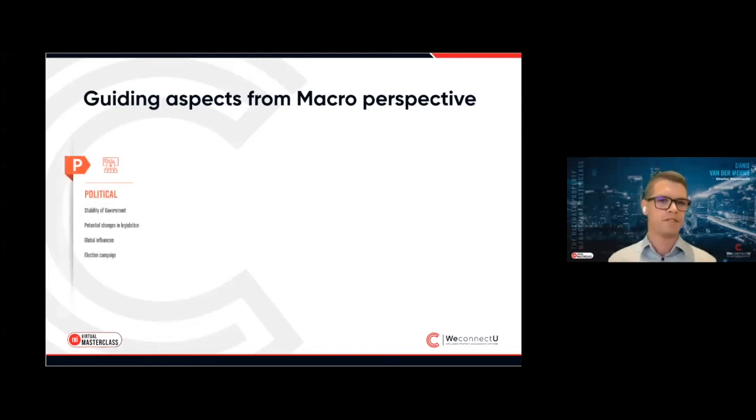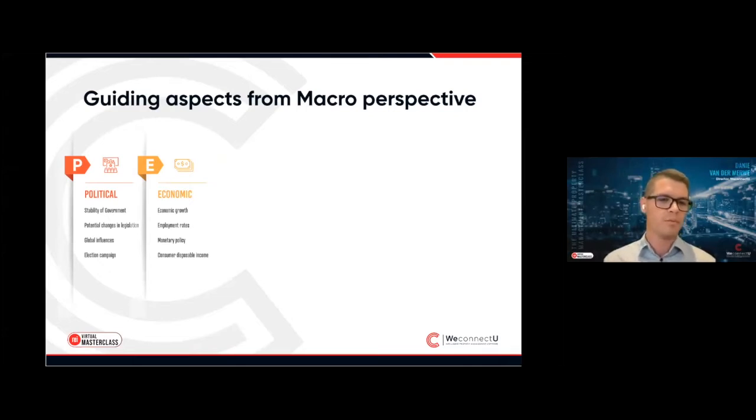As we said, the first factor that we're looking at is political. So how stable is our government, and what are the global political influences that we can expect? Secondly, economic. Is our economy growing, and what effect can that have on people?